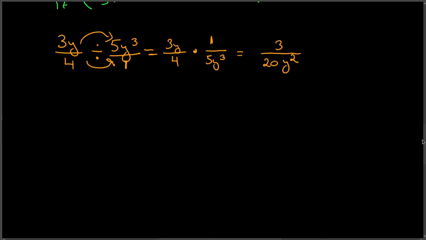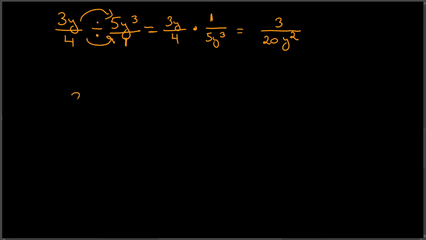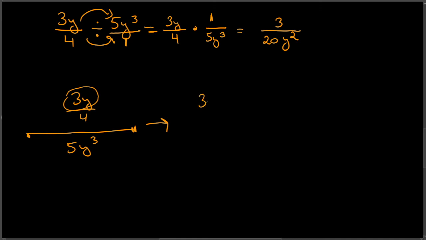Now we'll get to a point eventually where we will see divisions of fractions that are written like this. And we can look at the fractional bar here as a division. And so there's 2 ways we could look at this. We could look at this as 3y divided by 4 over 5y cubed. And so if I turn that into a multiplication, I get 3y times the reciprocal of 4 over 5y cubed.